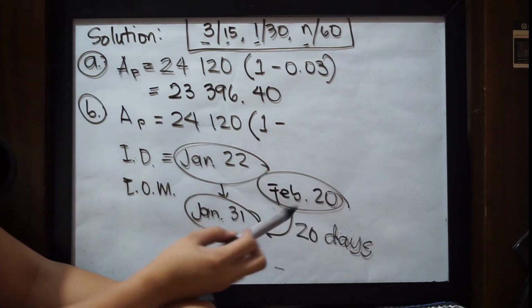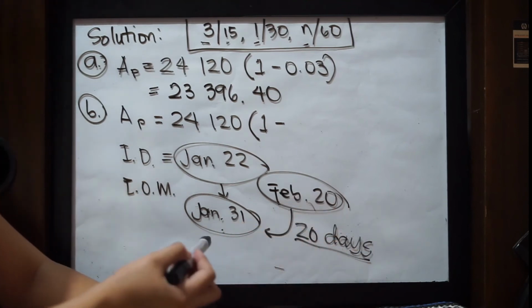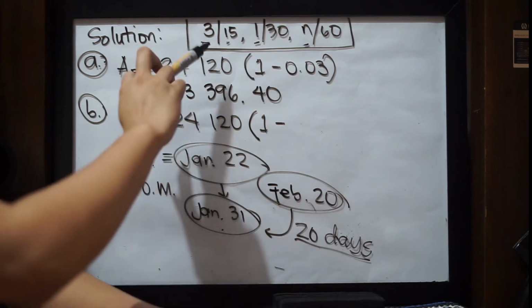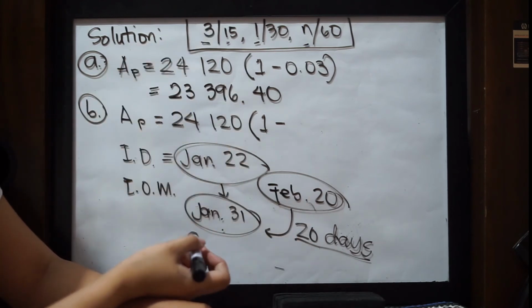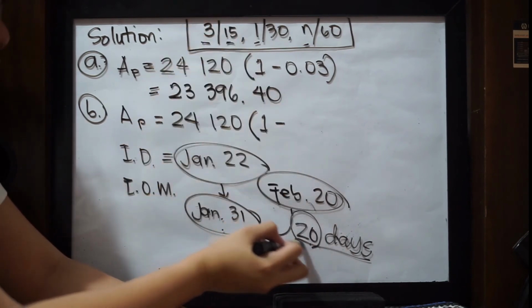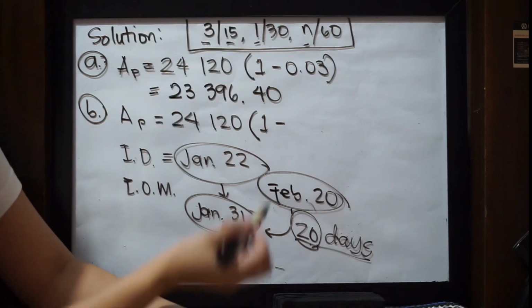From January 31 to February 20. Dahil under tayo ng 20 days, let's see dun sa terms kung saan siya magfo-fall. 3/15 ba? Hindi. Kasi nga, within 15 days lang siya. Nag-exceed na ng 15 days to 20 na nga, oh. So, let's proceed with the next available na term.